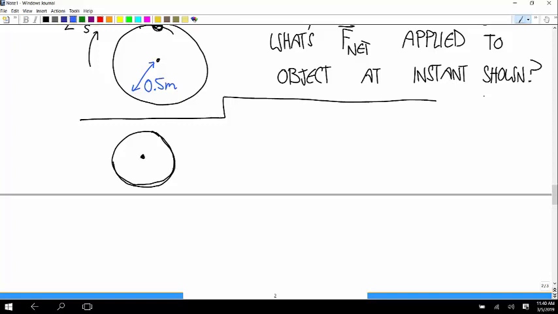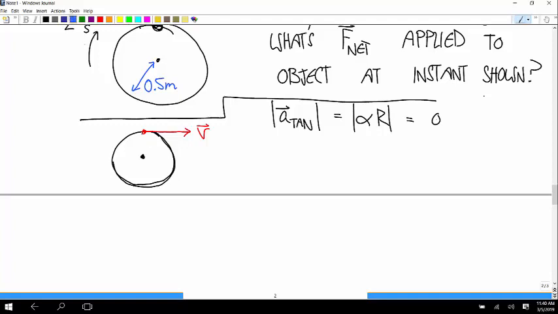The velocity is this way. The angular velocity is constant, so there's no tangential acceleration, because that's equal to alpha times r, and alpha is equal to 0.